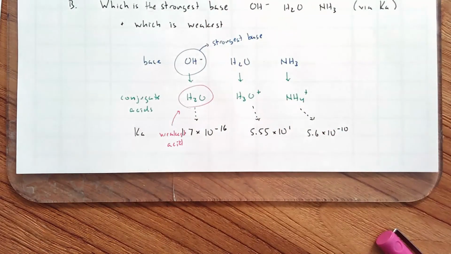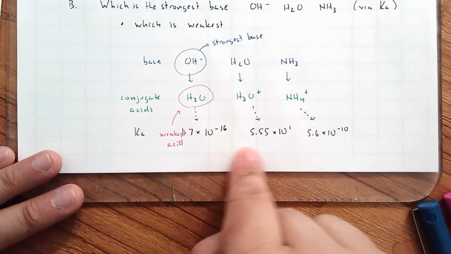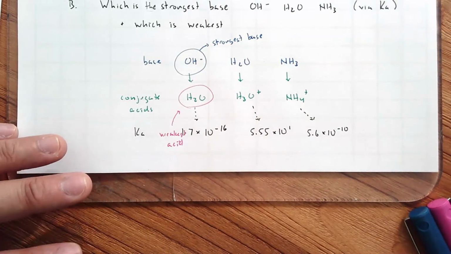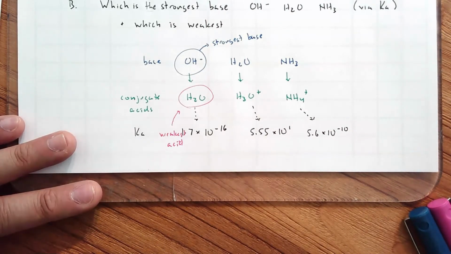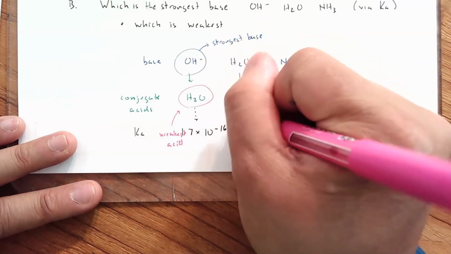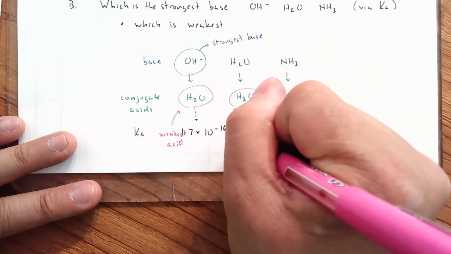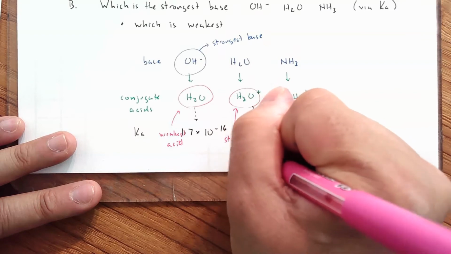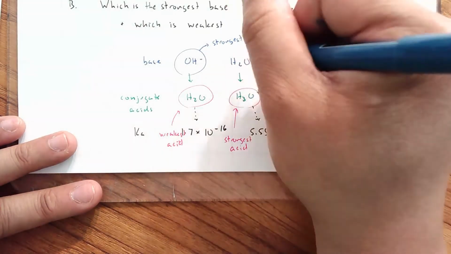Okay, now we're off and running, because now that we have the Kas, we could find the strongest acid. The strongest acid looks like this one, the one that's greater than 1. This is the strongest acid, and therefore, this is the weakest base out of these three.